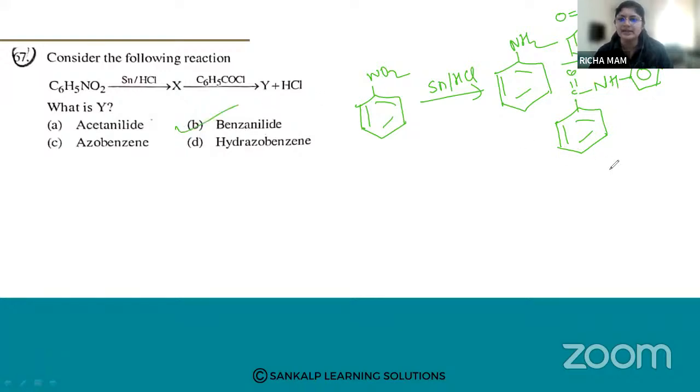You get the product plus HCl. So option number B. Yes, Vedvati and Vamshi Krishna have answered it correctly.